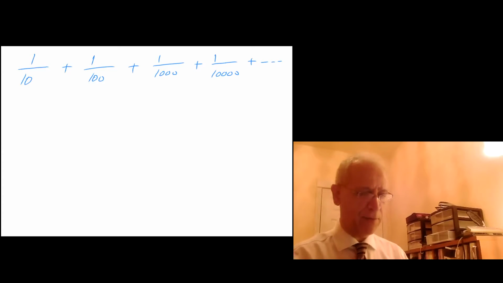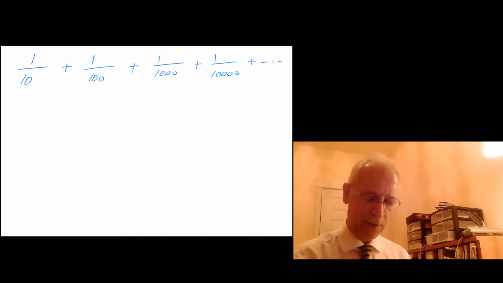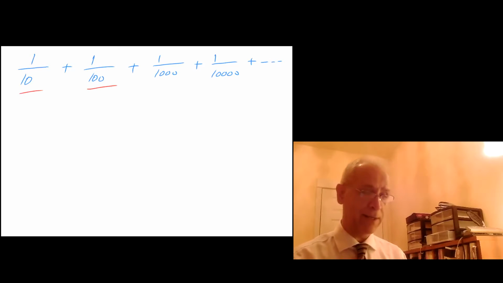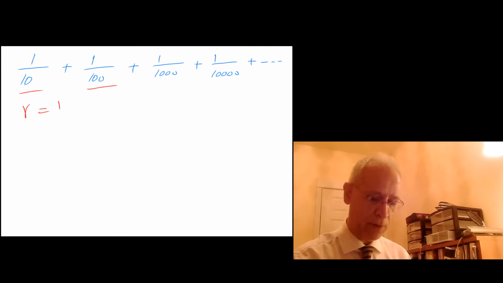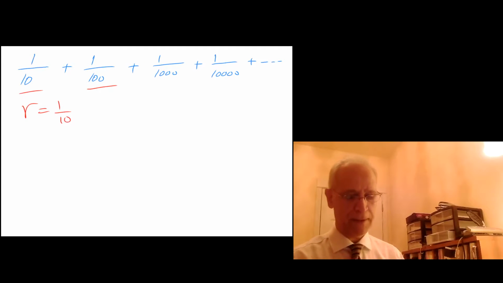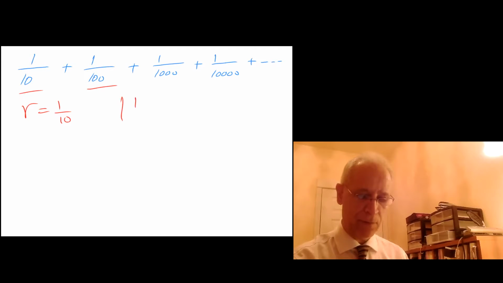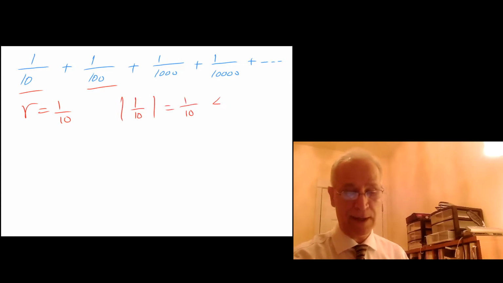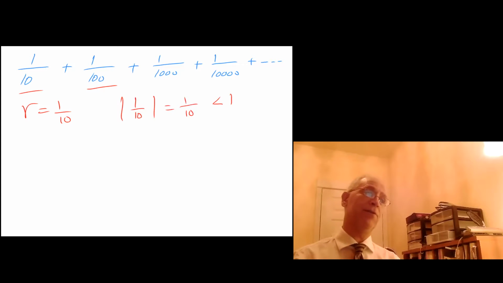So I pick any of them and divide by the previous one. If I divide 1 over 100 by 1 over 10, I get r equals 1 over 10. The absolute value of 1 over 10 is 1 over 10, which is smaller than 1. So this is convergent.